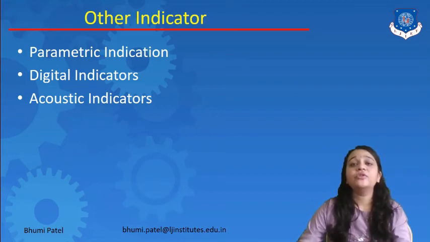Whenever we use a flow meter, that time we can use a flow sensor. Okay. Now in the electrical system, we generally use the electrical potential to reach a certain point. In the gauge counter, we can use a radiation or a clicking or blinking device. So this type of indicator is known as the parametric indicator.